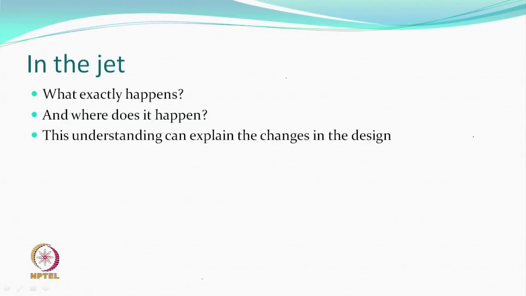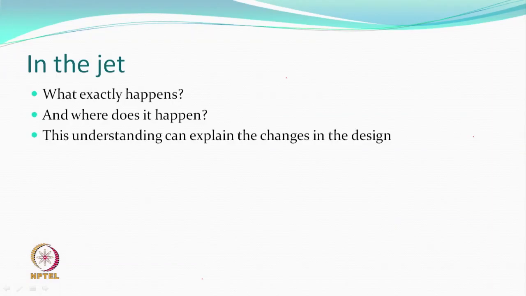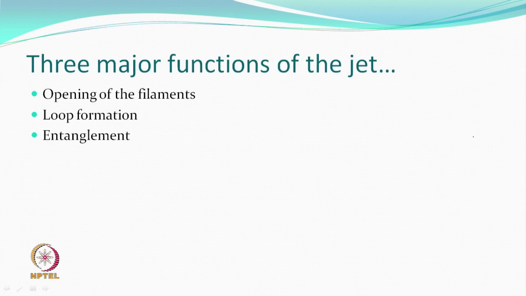So, why were all these changes made? What happens exactly in the jet and where does it happen? This understanding can then explain what changes have been done before, why such changes have been done and what more changes could be done. What do we want from the air jet texturing jet?